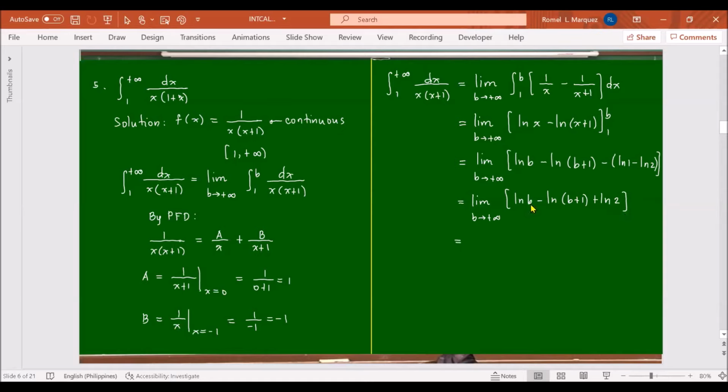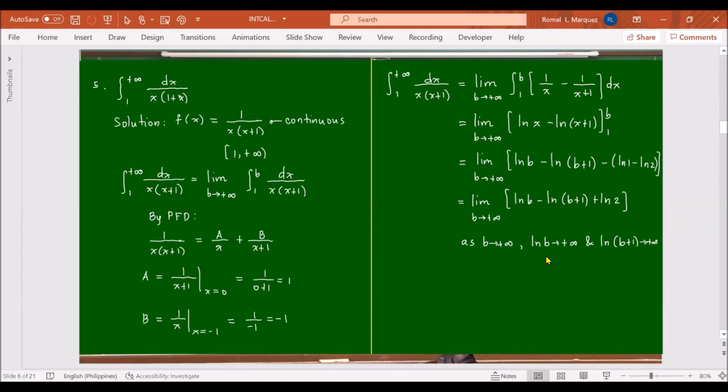Now, as b approaches infinity, ln b approaches infinity also, and ln of b plus 1 approaches positive infinity also.